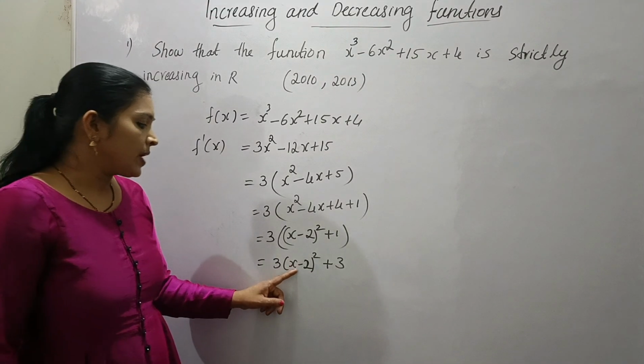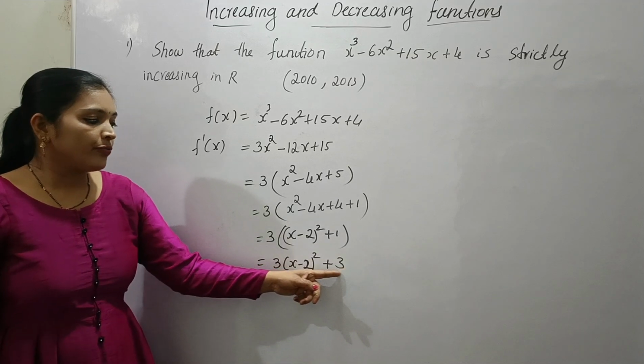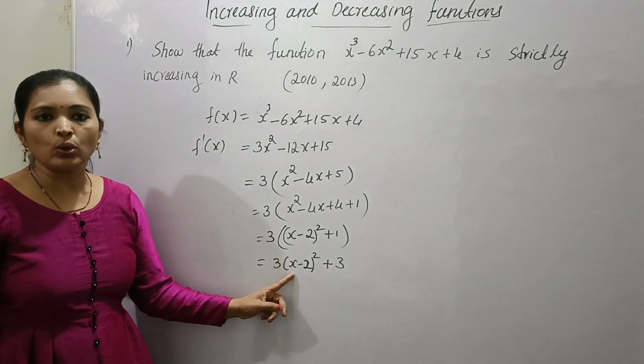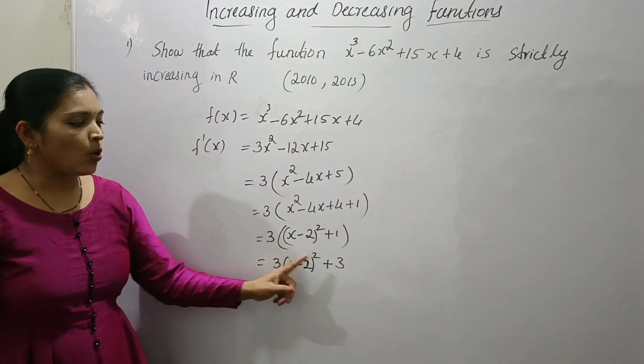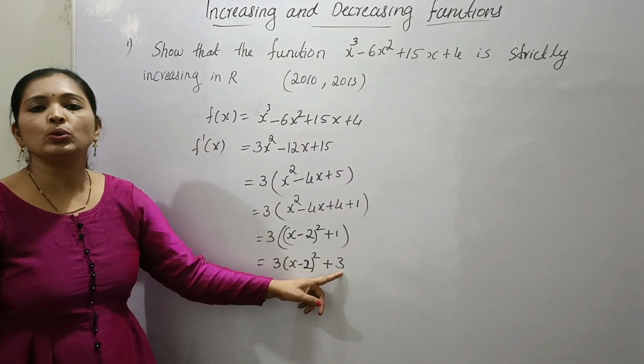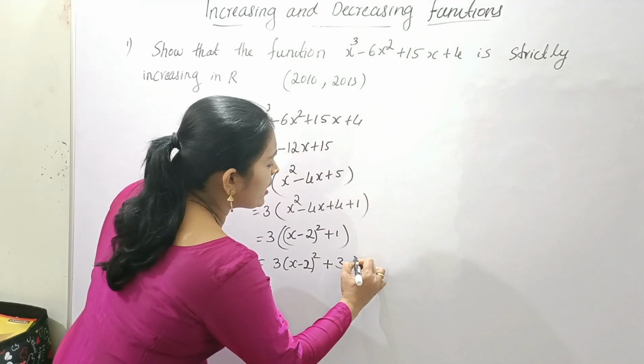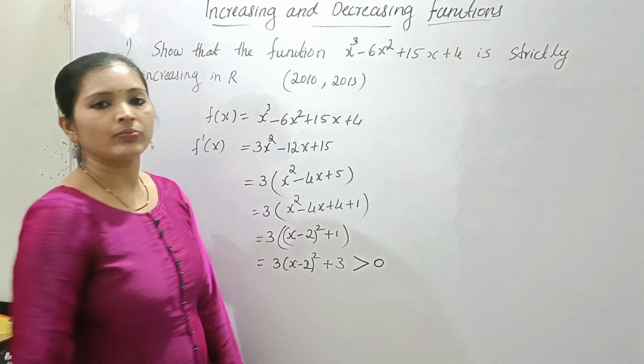Because if x is equal to 2, we get this term 0, but f dash of x is equal to 3. Therefore, this f dash of x is greater than 0.